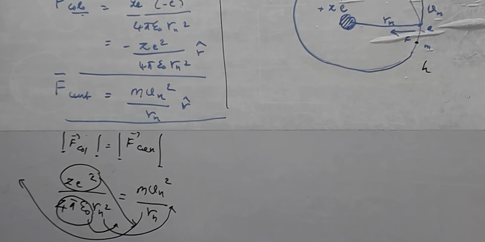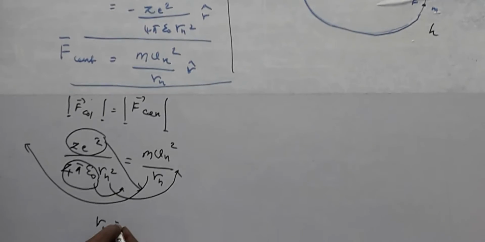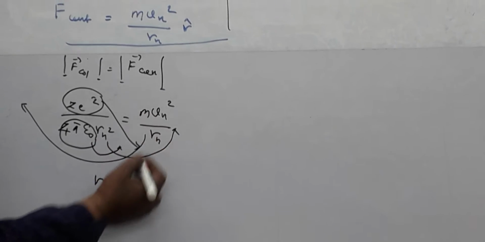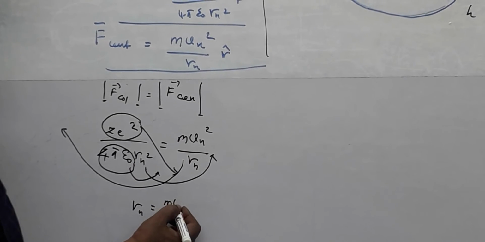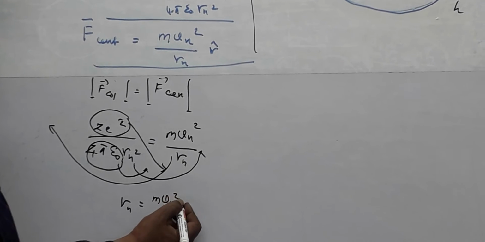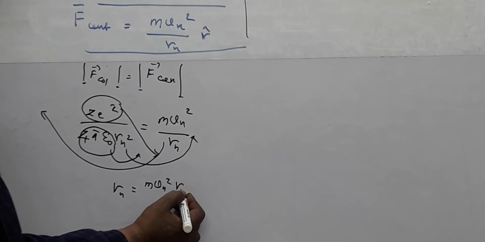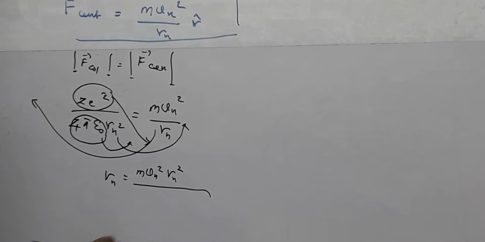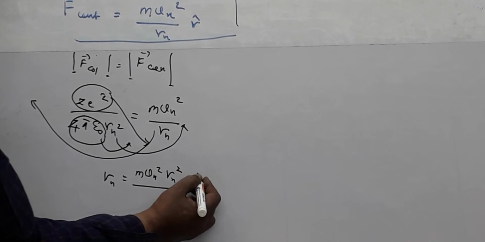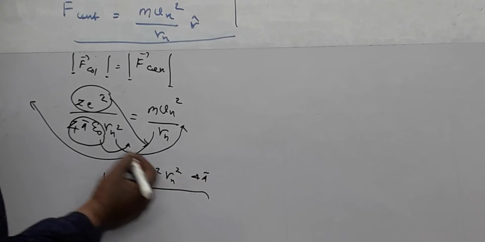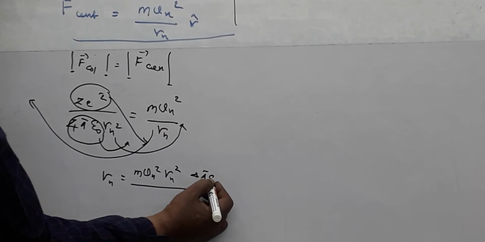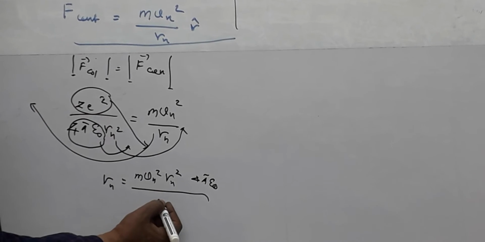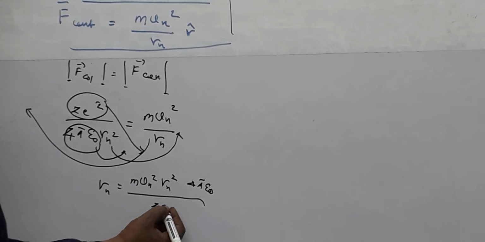Therefore, rn is equal to m vn square rn square into 4 pi epsilon naught, divided by Ze square.